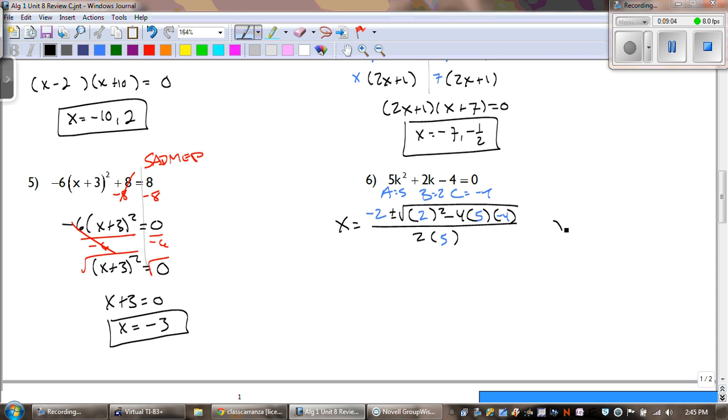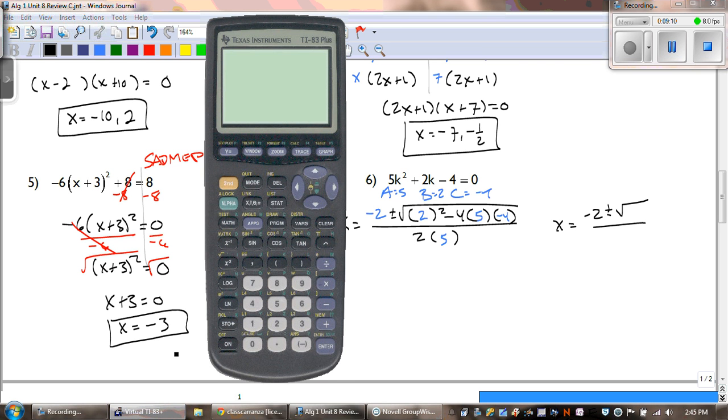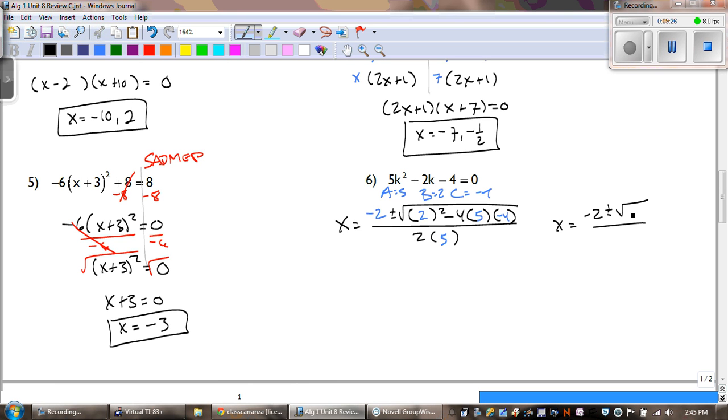So the first thing we have to do is the discriminant, which is the part underneath the square root. So in your calculators, you should be doing 2 squared minus 4 times 5 times negative 4. And that gives you the part that's underneath, the 84.